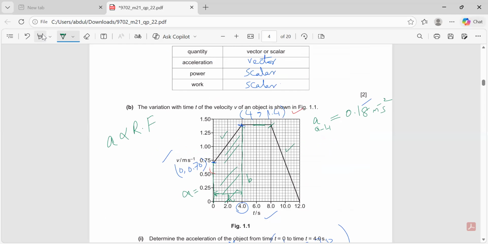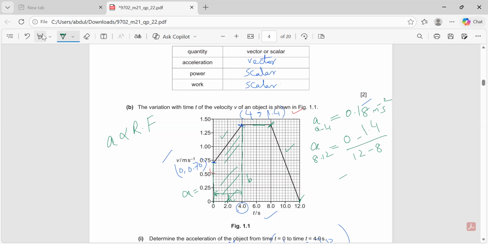Let's check what is the acceleration from here till here. Now, acceleration from 8 to 12. So V minus U. V is basically 0. U is how much? That is already calculated. It is 1.4, over T.